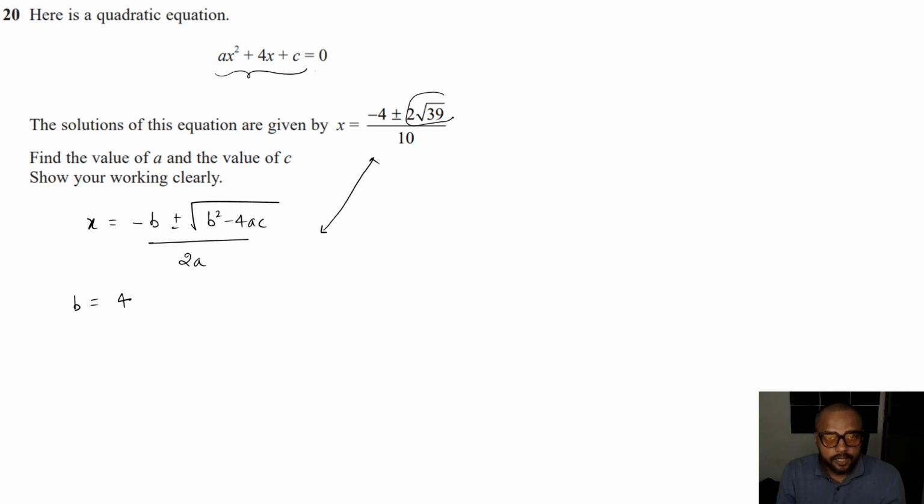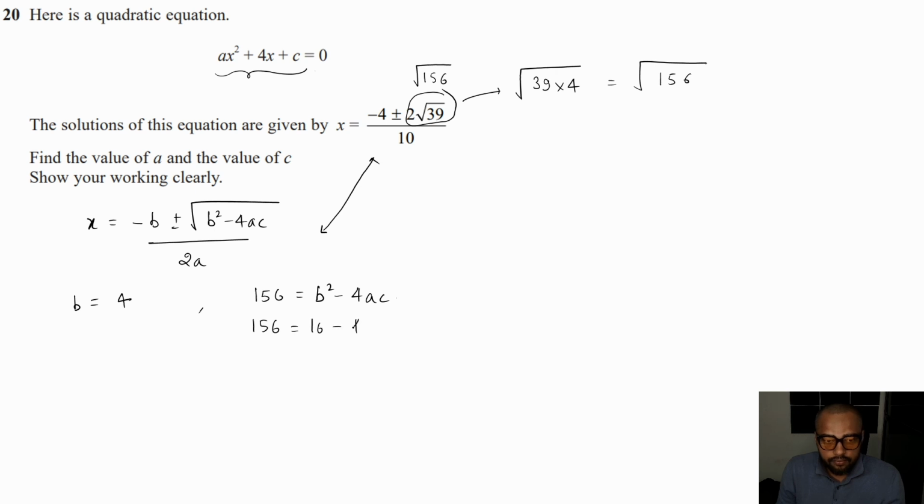Now if I take this part, 2 root 39, how could this be written? It could be written as root of 39 times 4, I've taken 2 inside the root, which will be equal to root of 156. So in place of this, we'll be writing root 156, which will be equal to b squared minus 4ac. So 156 will be equal to b squared minus 4ac, and b from this part is 4, so 156 equals 16 minus 4ac.